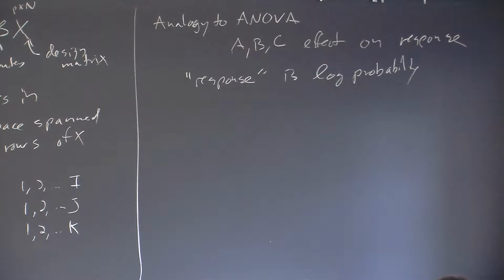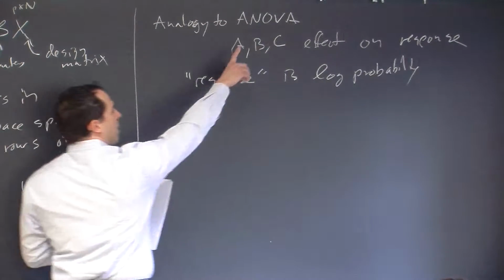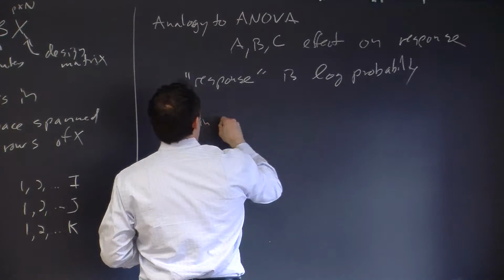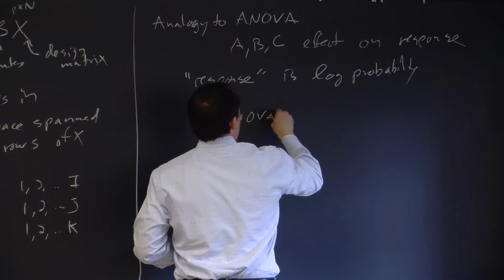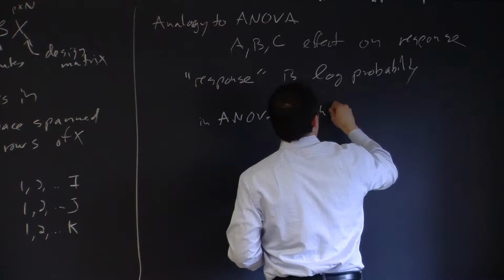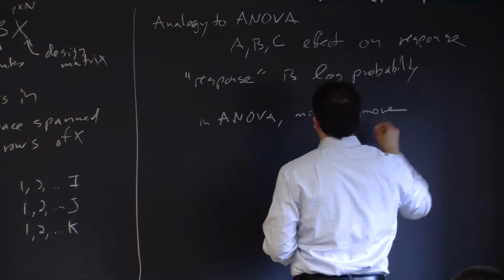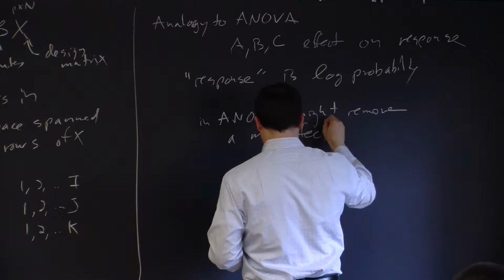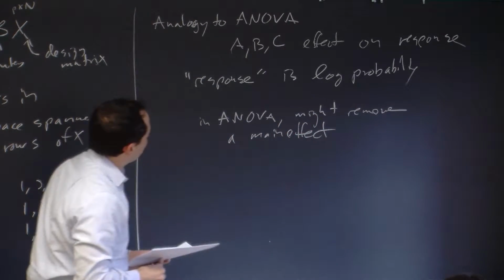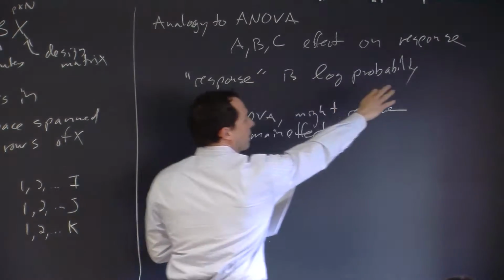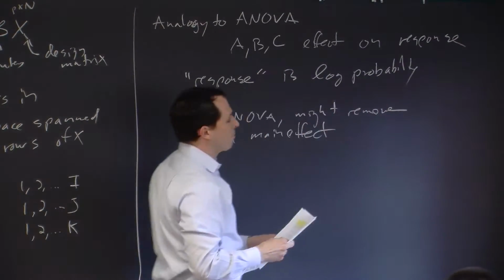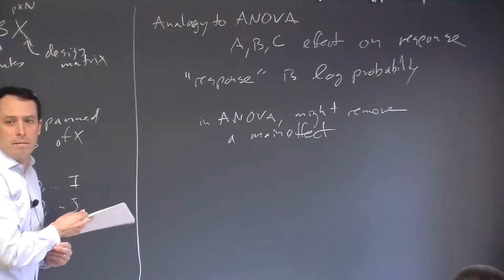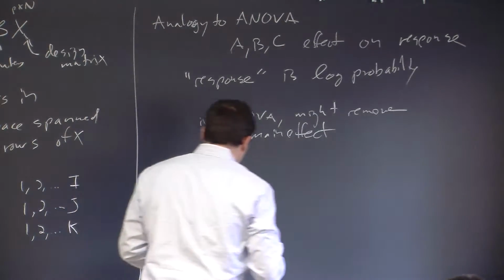Similarly, if we were doing an ANOVA, we might remove a main effect. We could say A, B, and C are all affecting some response variable D, and maybe I want to do the model that doesn't have a main effect for A, and that would make perfect sense.